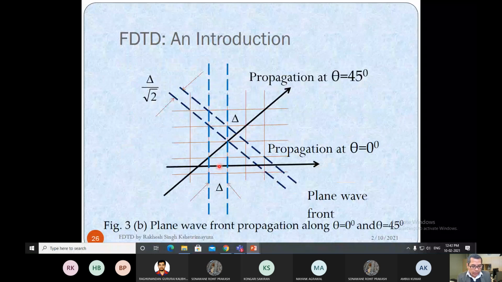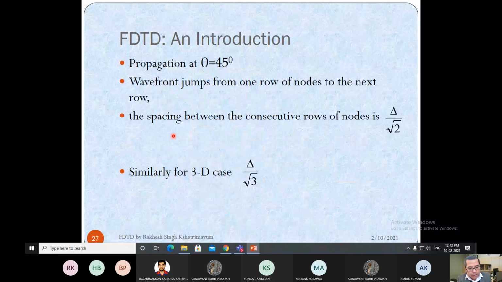For the horizontal and vertical direction, if you assume this delta x and delta y are equal, the distance the wave has to move to the next cell is delta. But if you consider this diagonal propagation, then the distance the wave has to move to reach the next cell is delta by root 2. So in that case, if you consider the 3D case, which I cannot draw on this 2D plane, let's say you consider a bulk, then you have to do volume discretization.